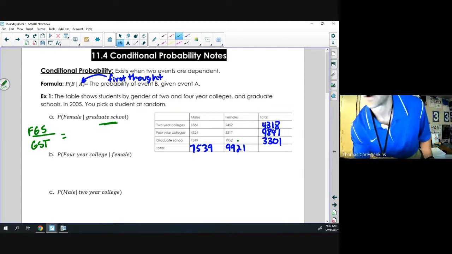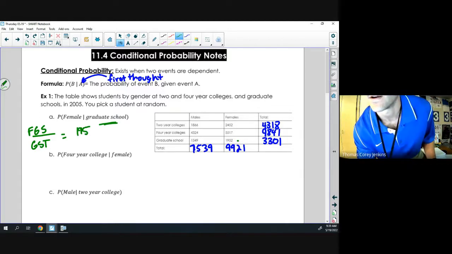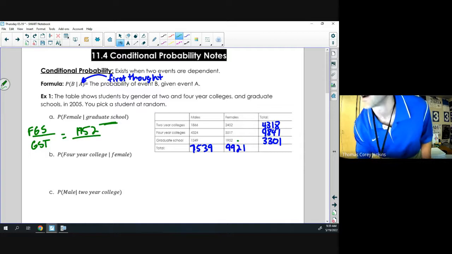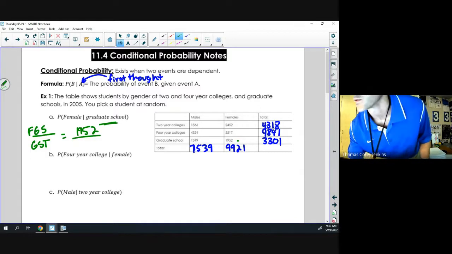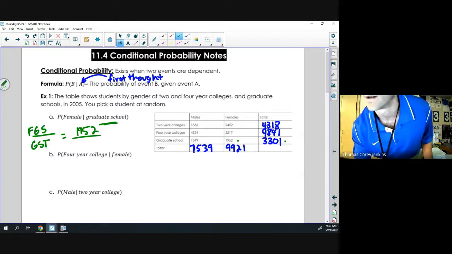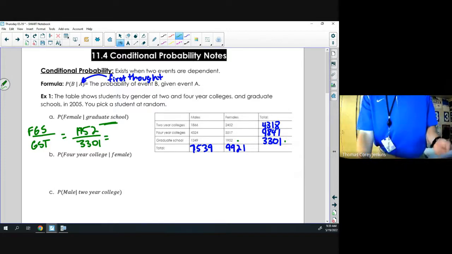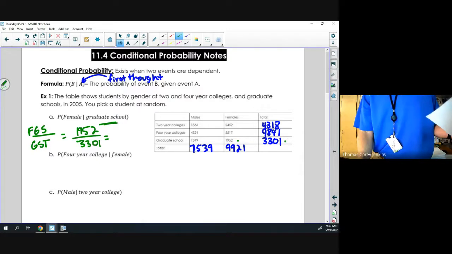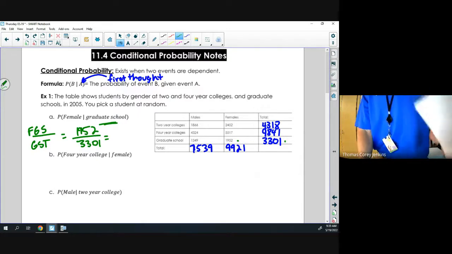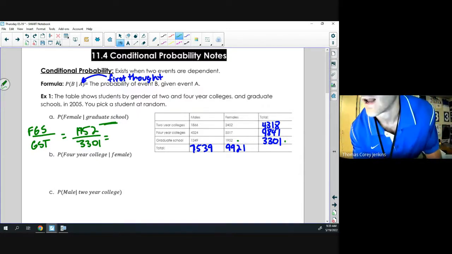So that's my numerator, 1952, and my denominator is the total number of grad school students, 3,301. Then you just do 1,952 divided by 3,301, and you should see about 0.59, so about 59%.